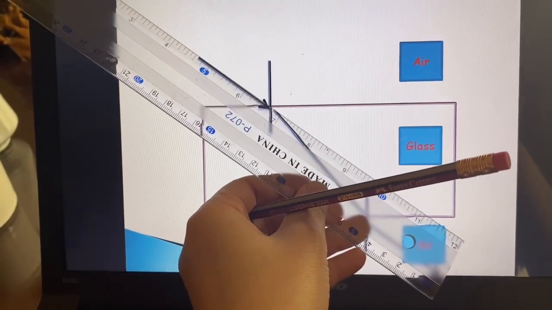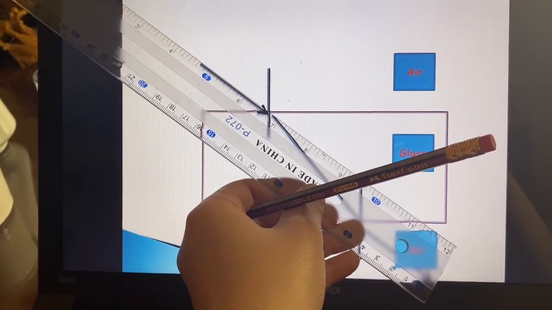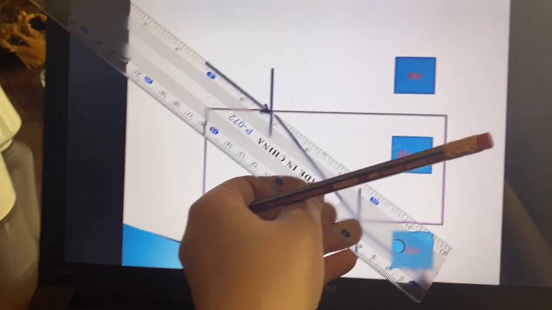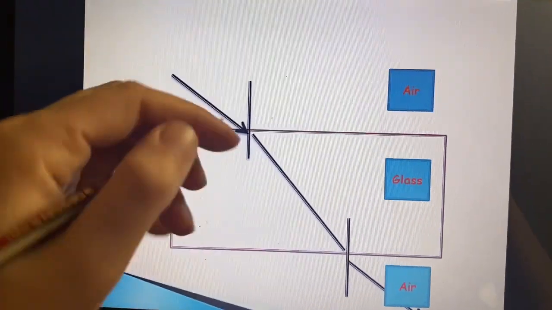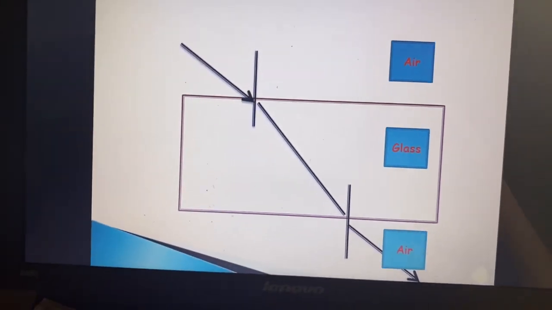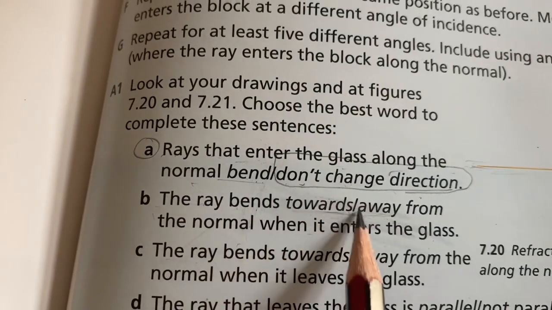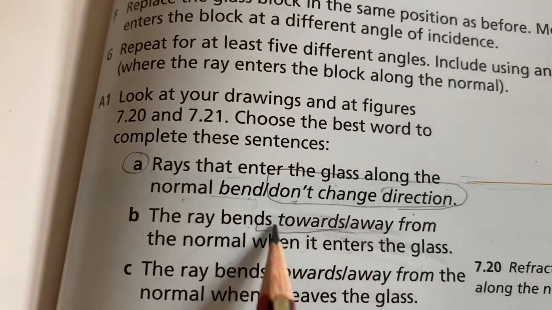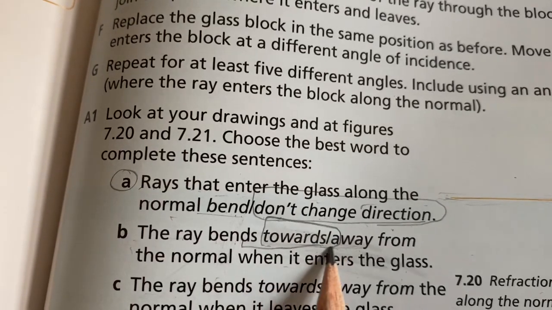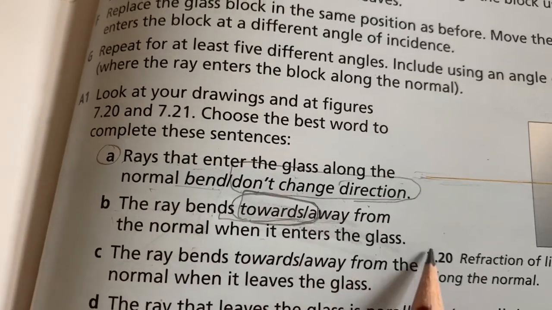Can you see? The ray gets toward the normal. So when the ray enters the glass, it goes into the normal. B, the ray bends towards the normal. It gets nearer to the normal. This is the answer when it enters the glass.